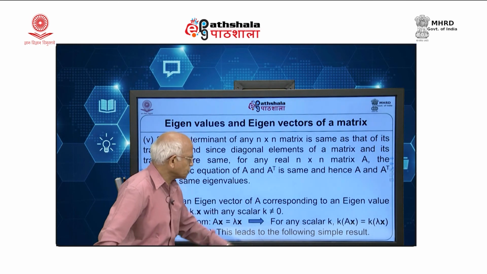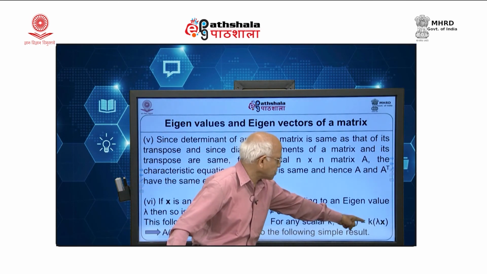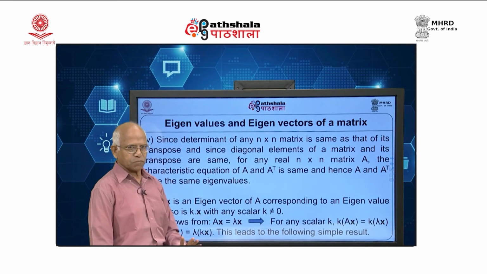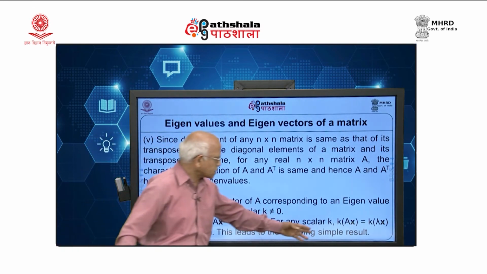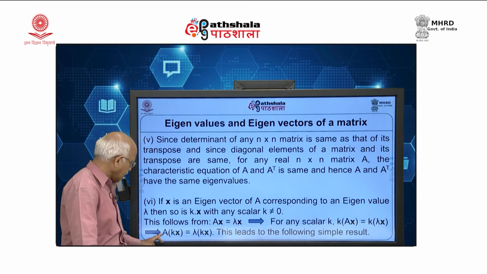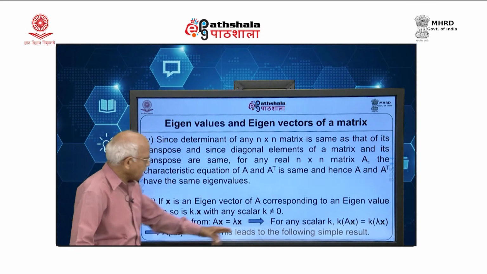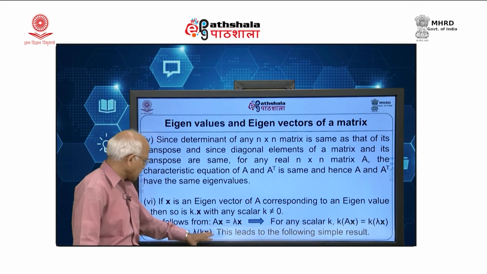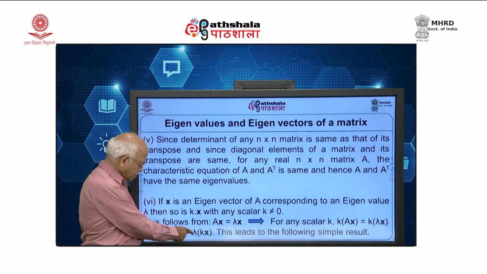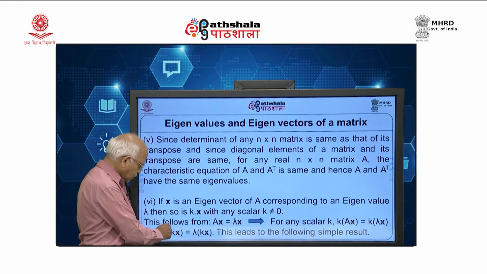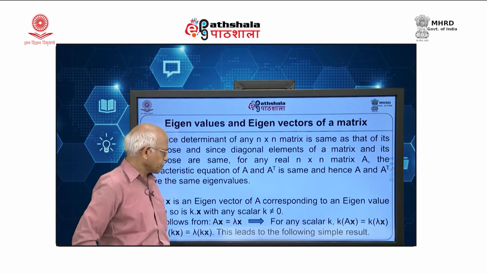For any scalar k I can multiply on both sides and get k A x bar equal to k lambda x bar. Because k is a scalar, A into k x bar, so k can be clubbed with x bar and lambda we can take out, and k x bar can be written in this particular format.